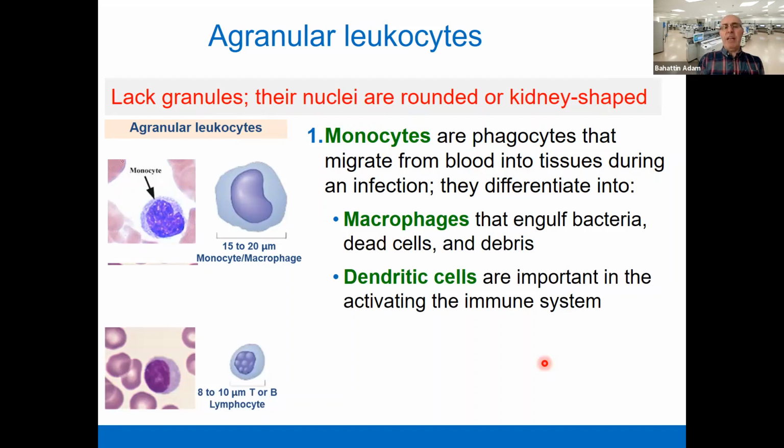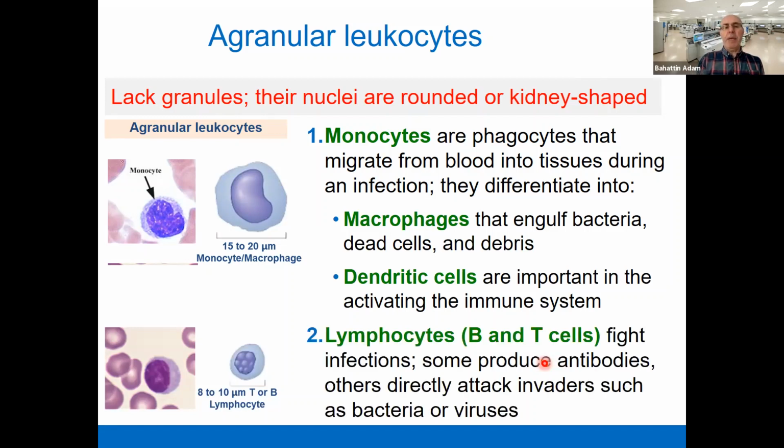We also have dendritic cells and lymphocytes, which are either B cells or T cells. They also fight infectious agents. B cells produce antibodies, and T cells directly attack invaders such as bacteria and viruses.